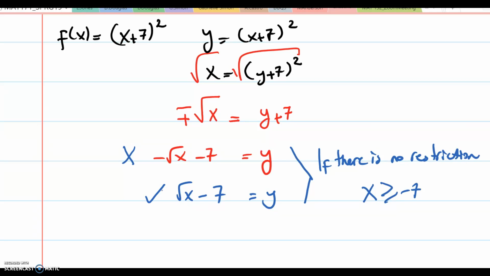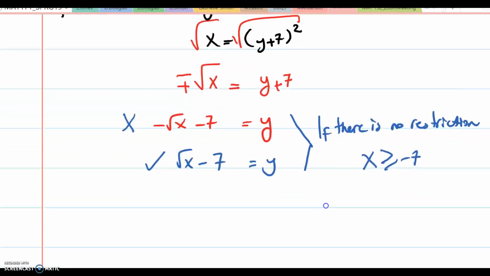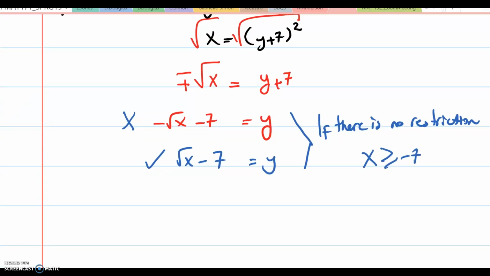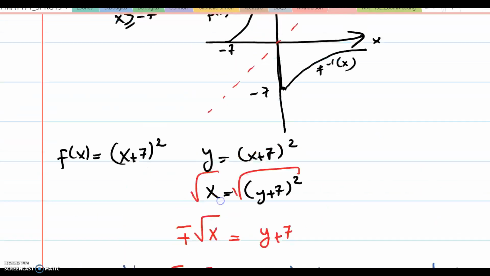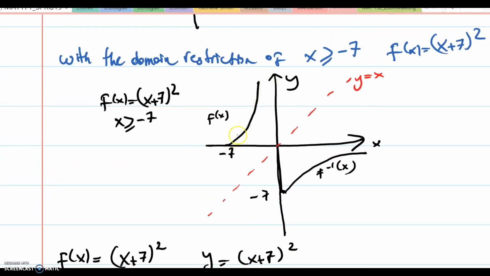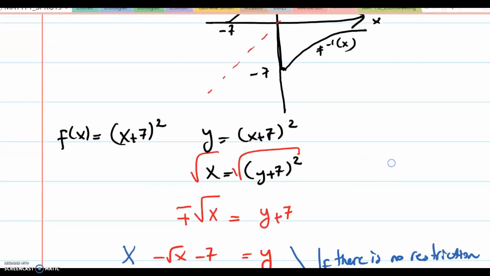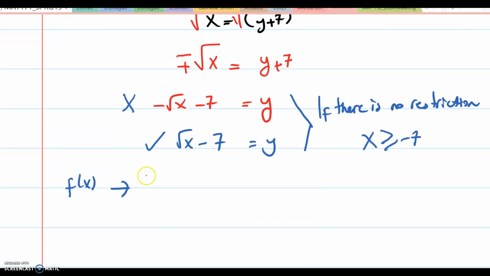All right. So then going backwards, because if you look at your f of x up here, it has a range going from 0 to infinity. F of x domain was 0 included to infinity.